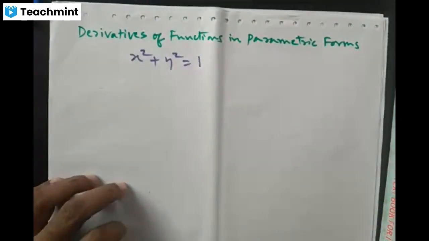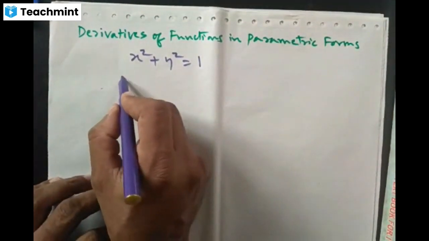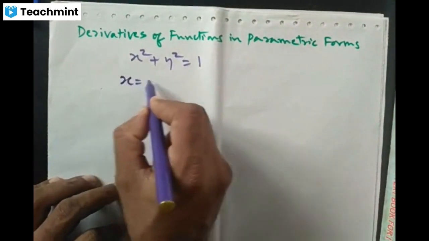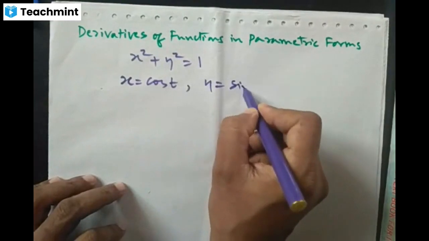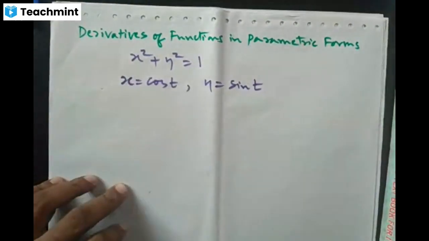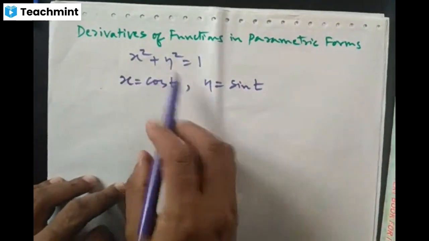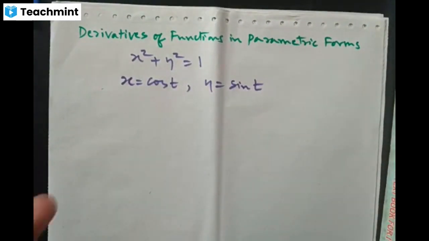Now, if I take x is cos t and y is sin t, do they satisfy this equation x square plus y square is 1? Yes, of course.